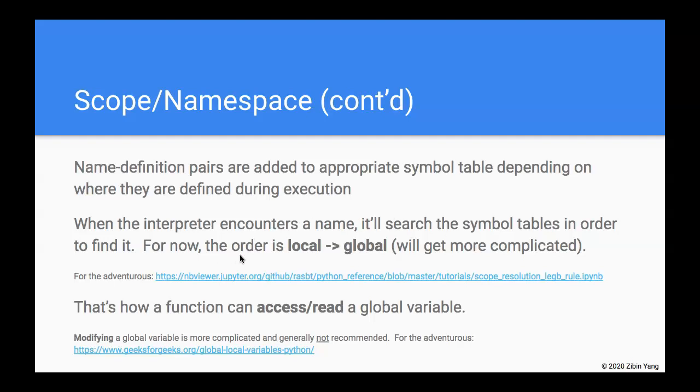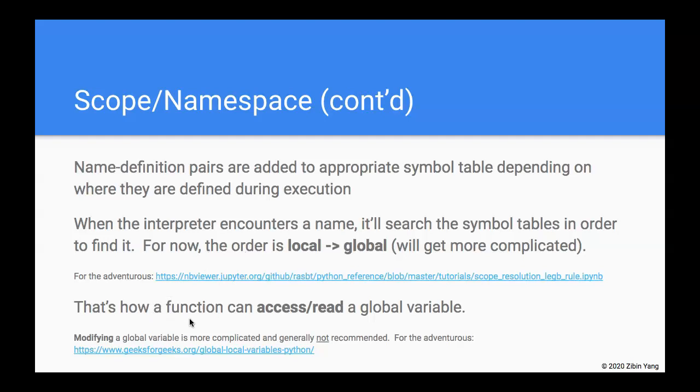For now, the order is that it starts looking into the local symbol table first if it's inside the function, and if it's not there, then it goes up to the global scope. If you want to understand the fuller picture of how this works, I have a link here that you can read. This is basically the symbol lookup.